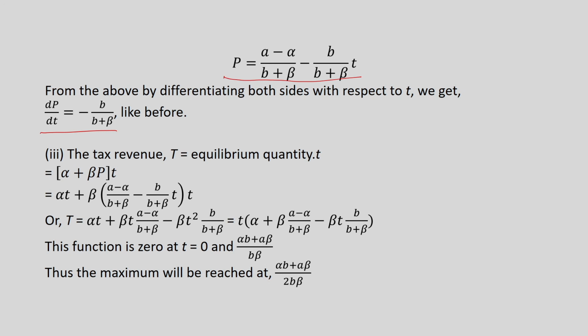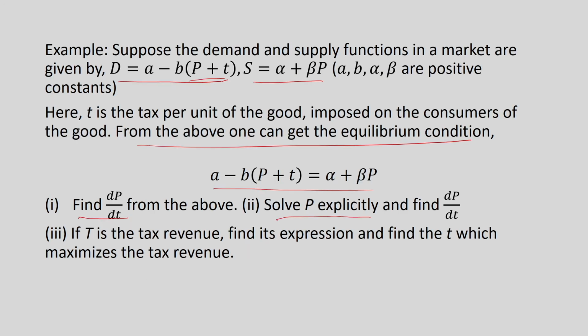Okay, finally, what is the last question? Last question is, if capital T is the tax revenue, find its expression and find the small t which maximizes the tax revenue. So, here we are looking at the situation from the point of view of the government.